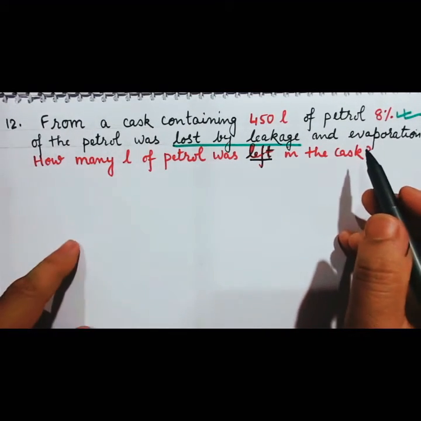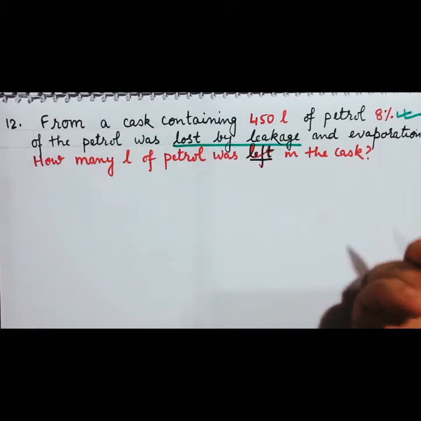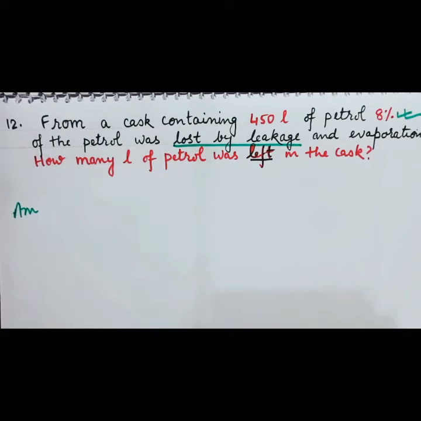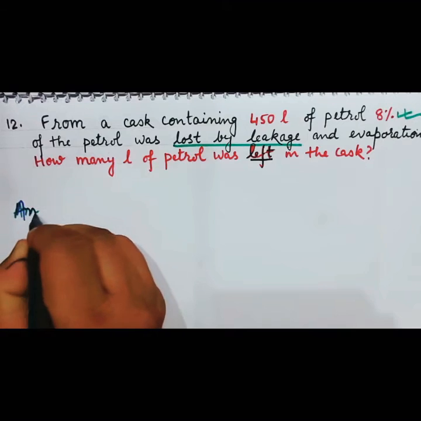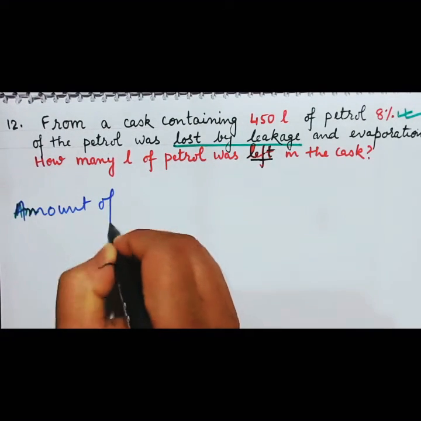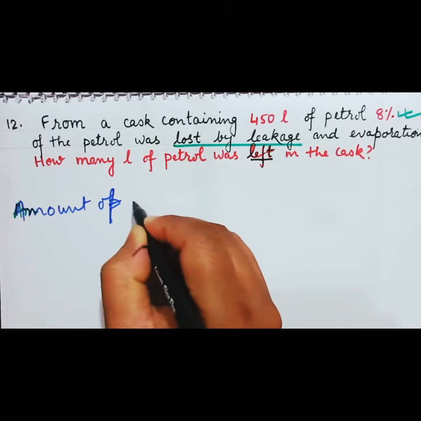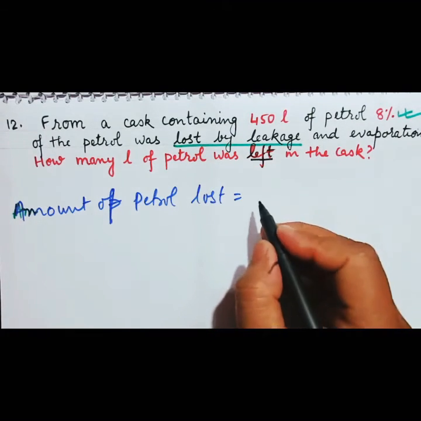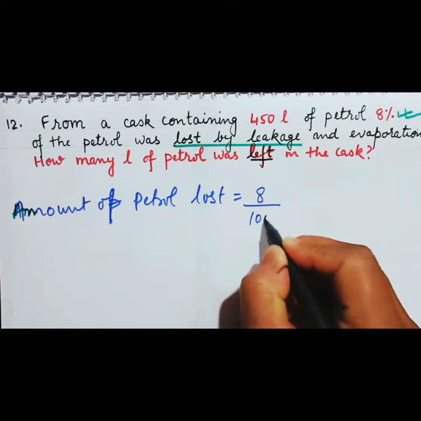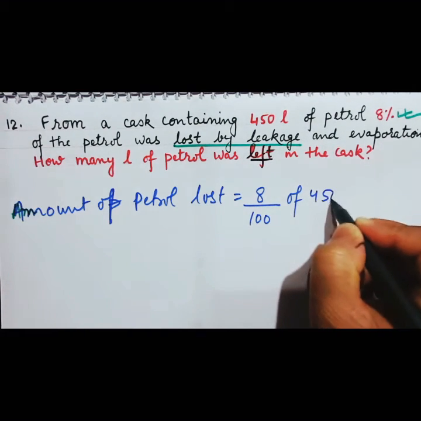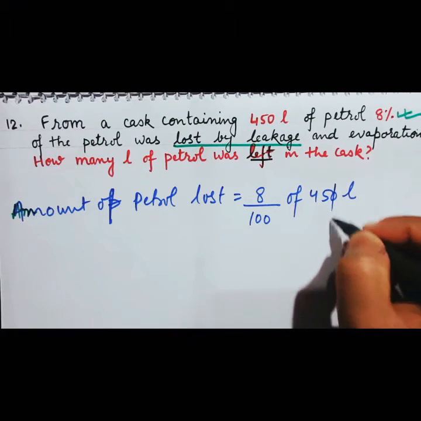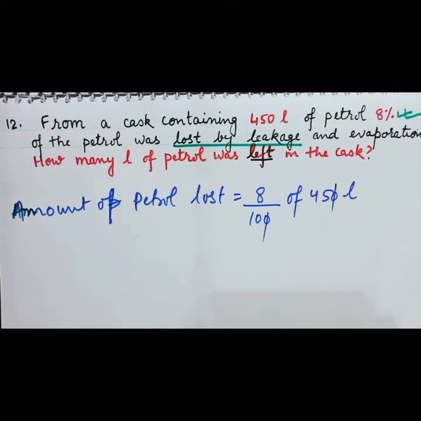So let us find out how much petrol was lost. Amount of petrol lost is equal to 8% of 450 liters. When you solve this, what are you going to get?